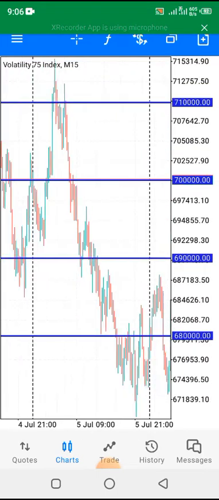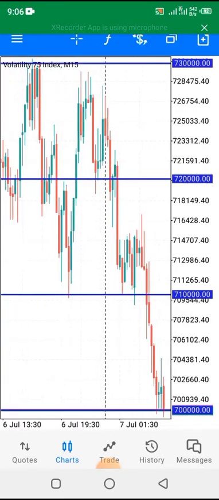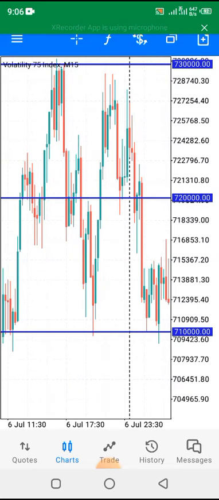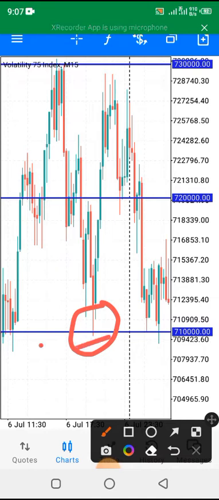Okay guys, take a look at what I'm telling you. Let's start here with this psychological level, 710,000. You can see when price came to this level, it acted as support.